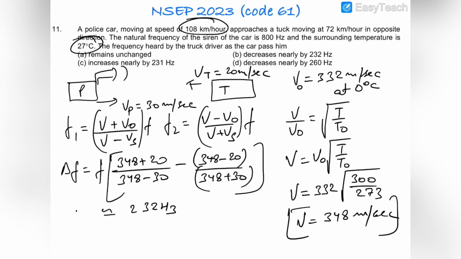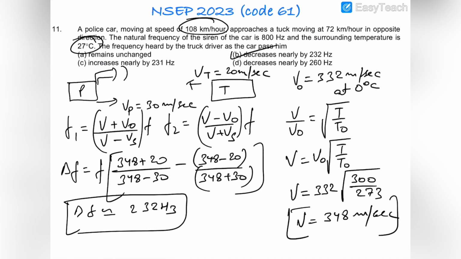F is 800. We have subtracted the final frequency from the initial frequency, and it is positive, which means that the final frequency is less than the initial one. So we can say that the frequency decreases nearly by 232 Hertz. So the correct answer is B.